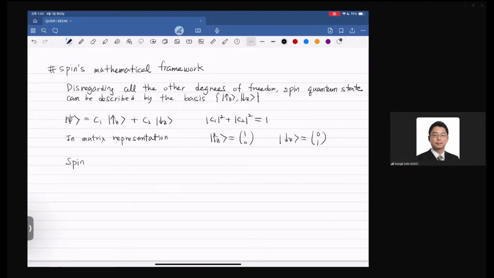Spin angular momentum S is a physical observable. Therefore, it has a corresponding Hermitian operator.